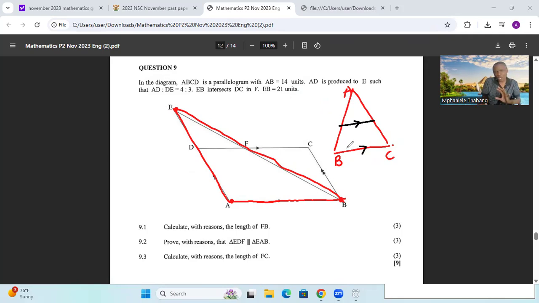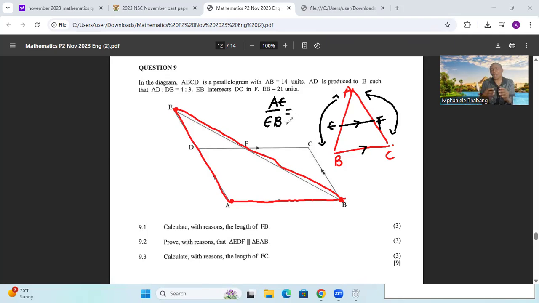So now I have EF here. I have this side and I have this side, the side AB and the side AC. So what I'm going to do, I'm going to say AE over EB.